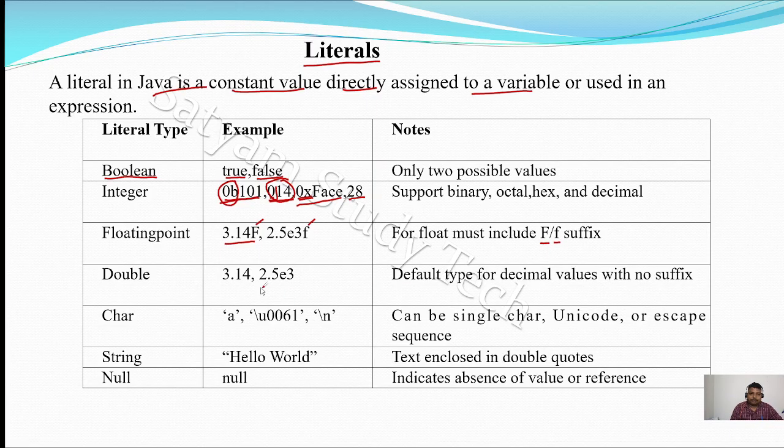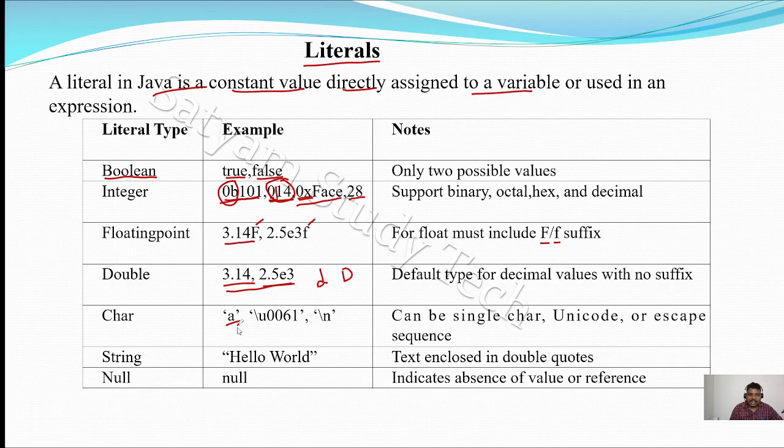By default any decimal value is treated as a double, which is why the suffix F must be included for float. Here 3.14 is a double. Here 2.5E3 is also a double. It may or may not have the suffix d or D. By default it is treated as a double.